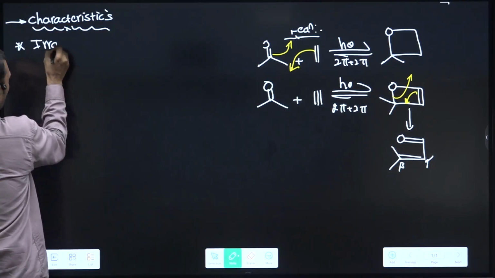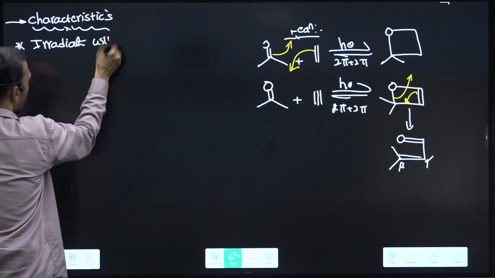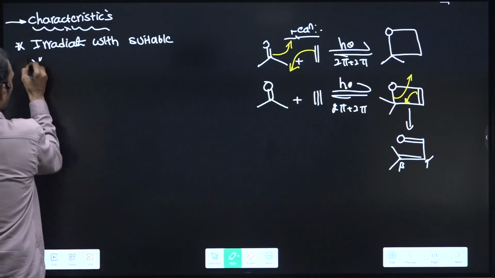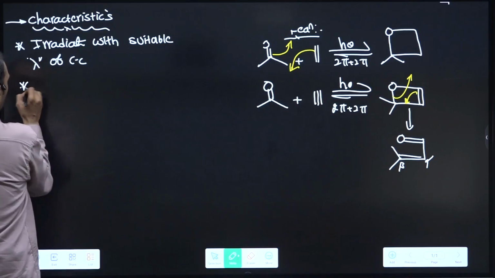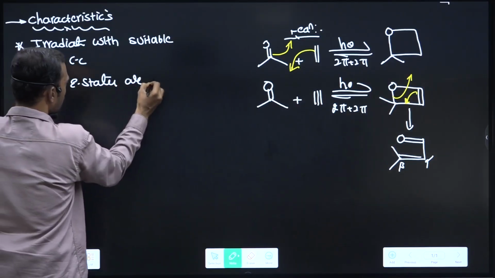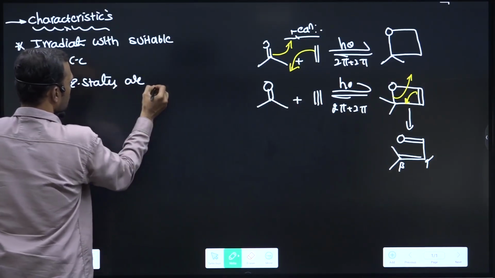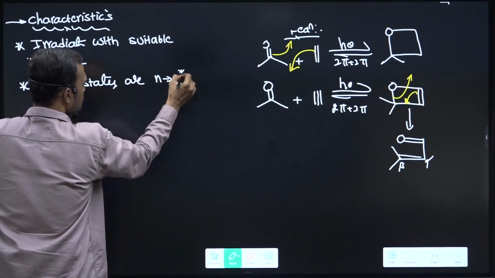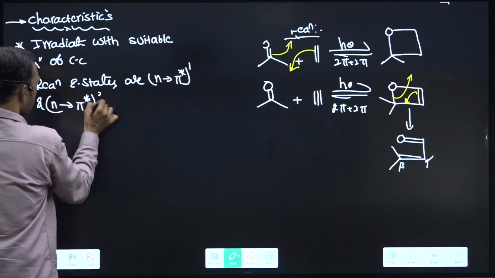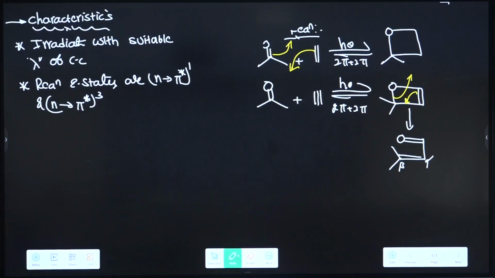The reaction excited states are n-π* singlet and n-π* triplet. Both are possible.